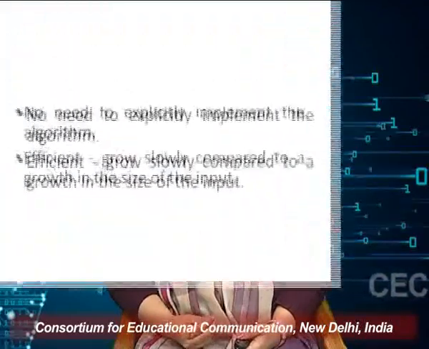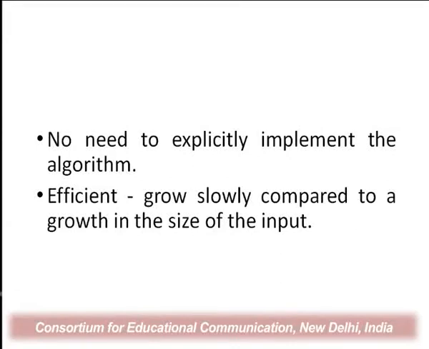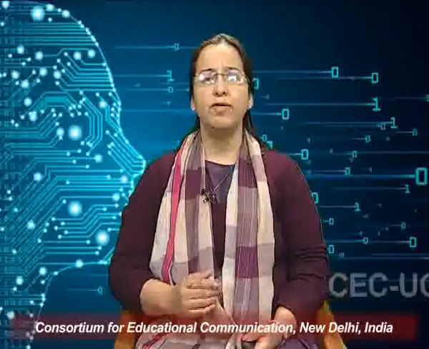But the beauty here is that we need not explicitly implement the algorithm, and we judge the efficiency just by looking at the order of growth, that is, how slowly or how fast the function is growing compared to its input size.